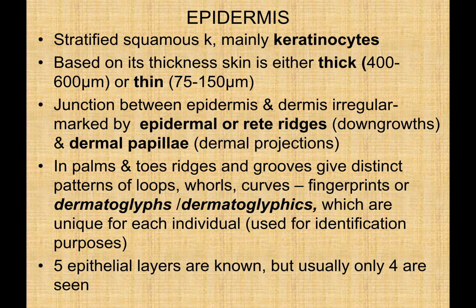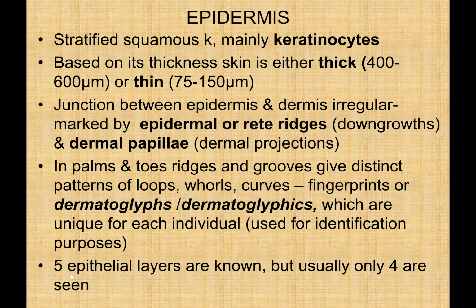The grooves all come from the epidermal ridges and the dermal papillae projections, and they are so unique to every individual. The toe ridges and palm ridges and grooves give distinct patterns of loops, whorls, and curves. This gives rise to something we call a fingerprint, which is unique for every individual, for forensic purposes.